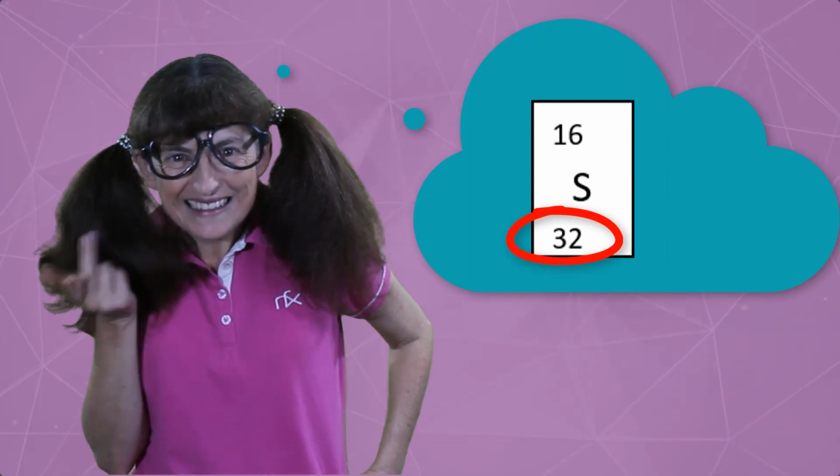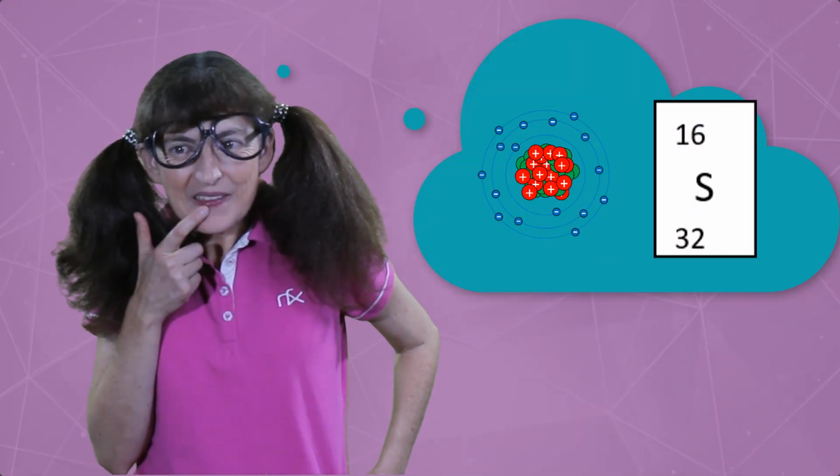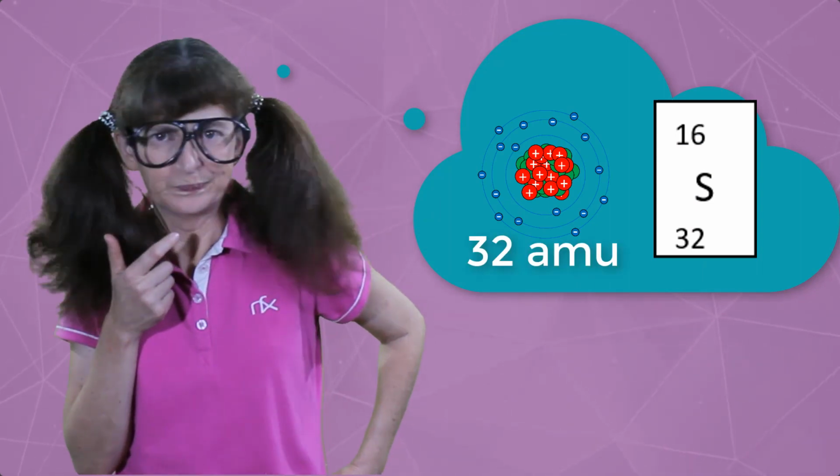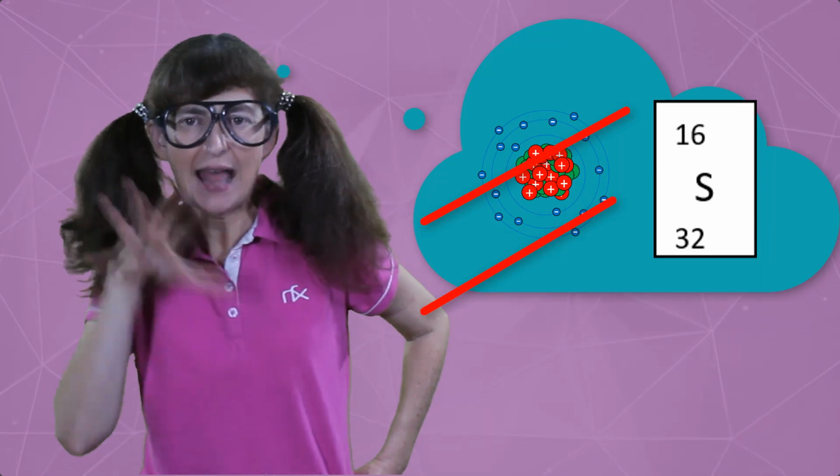Yes. Cool! So now we have a macroscopic amount of sulfur. How much do you guess that these 6,02 times 10 to the power 23 sulfur atoms weigh? 32? 32 what? 32 AMU. Oops. That would be if I just had 1 atom.